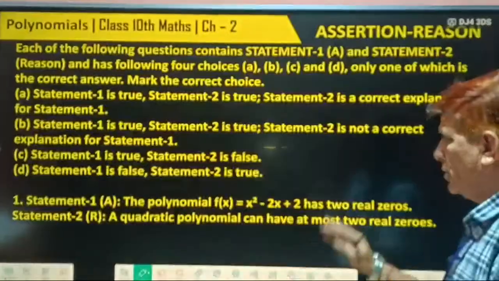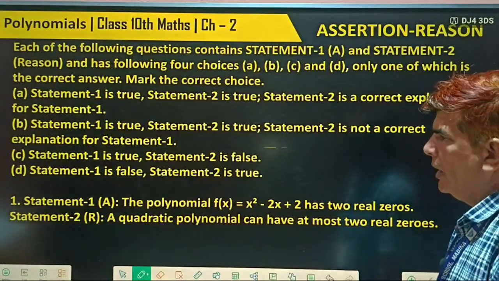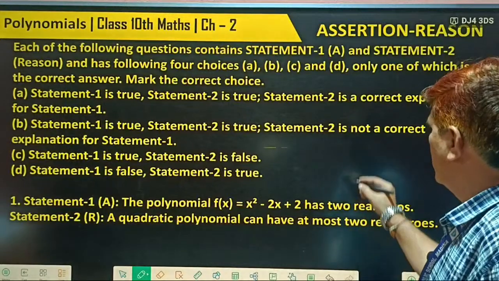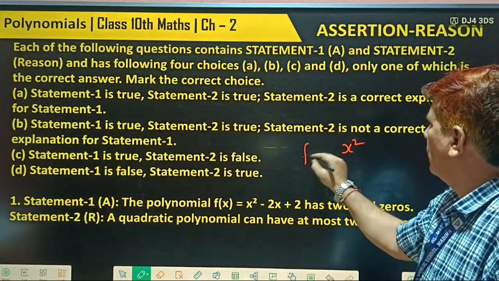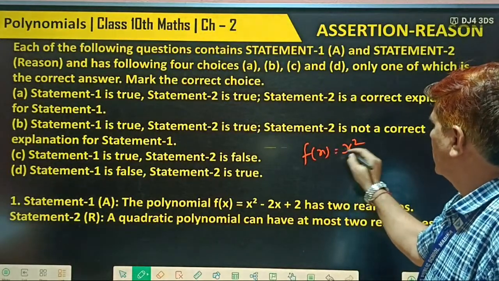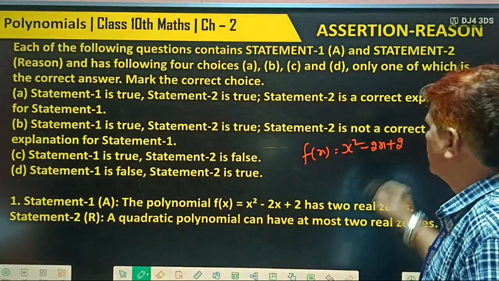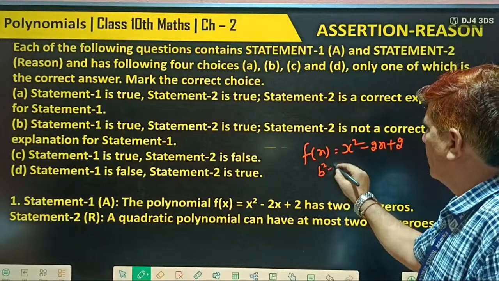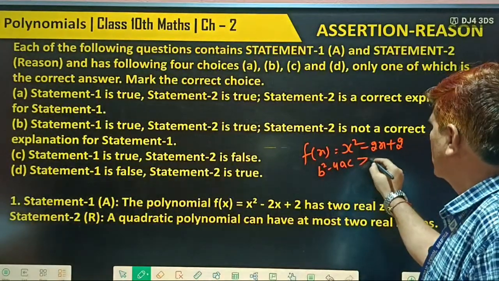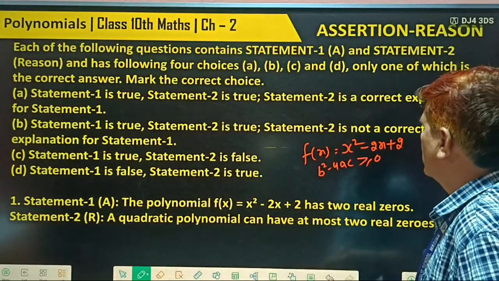For this first question, try to understand statement 1. Which polynomial? F of x equal to x square minus 2x plus 2. We can find b square minus 4ac. If this is greater than or equal to 0, then we can say real roots exist, otherwise not.